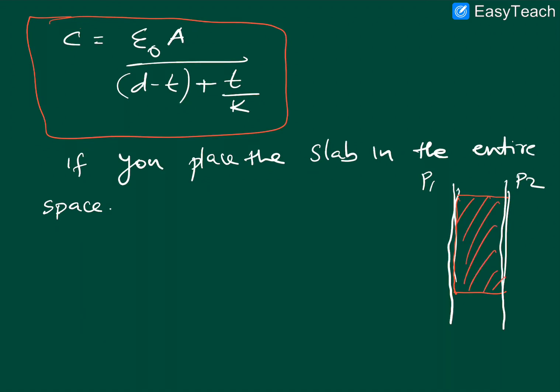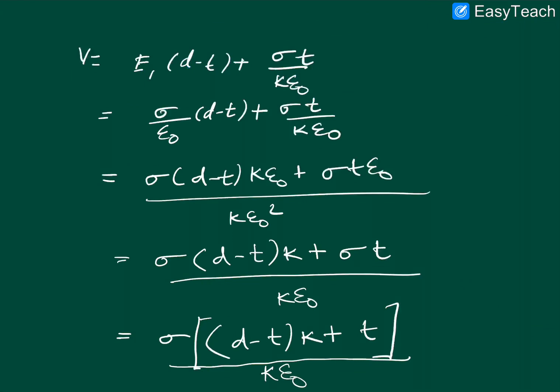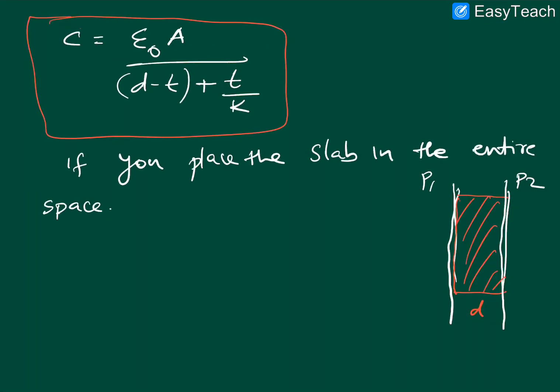If you place it in the entire space D, then what you will get? We assumed that thickness of the slab is T, isn't it? If you place it in the entire space, what happens? Thickness of the slab will become D, same as the gap, isn't it? So thickness will be equal to D in that case.